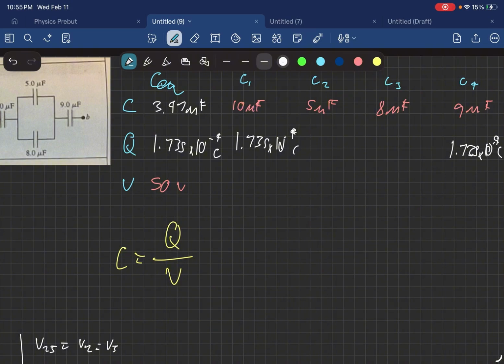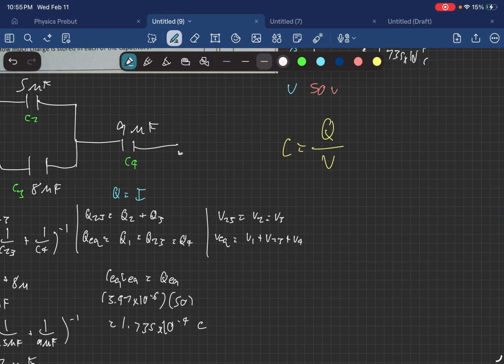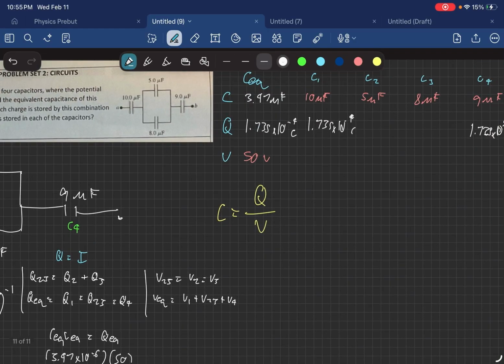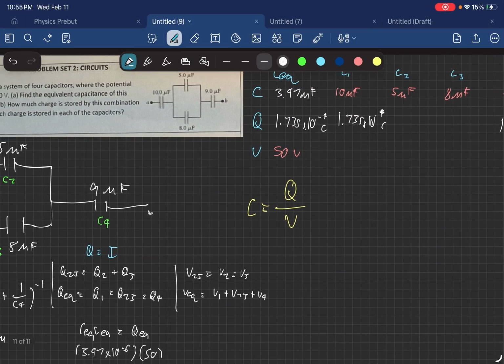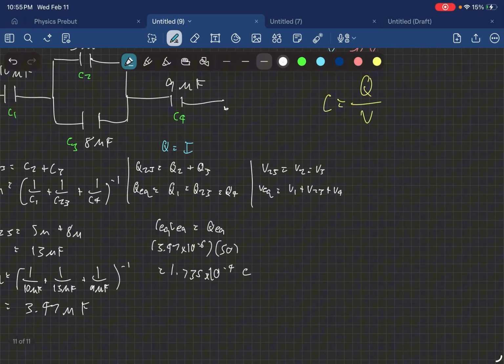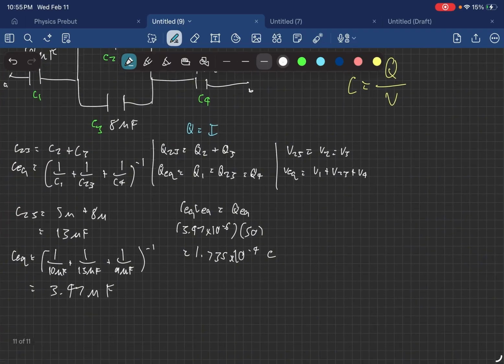And then remember, what we need now is V23, so we can get V2 and V3. Actually, you can just solve it now because you have C23.